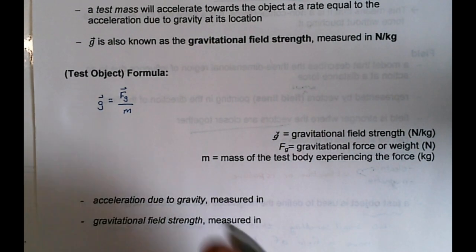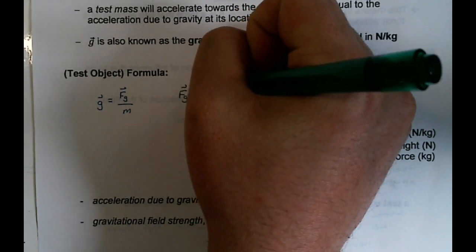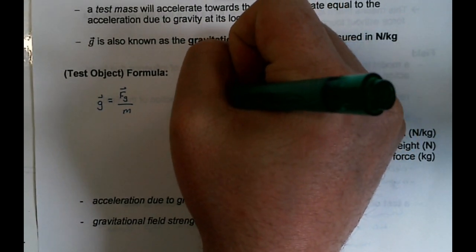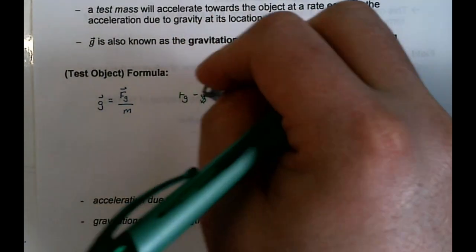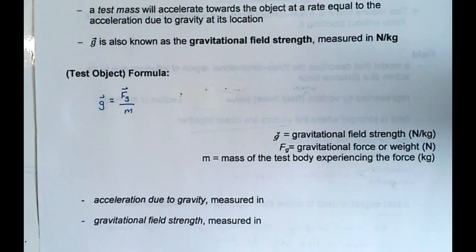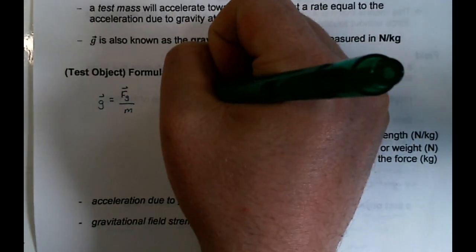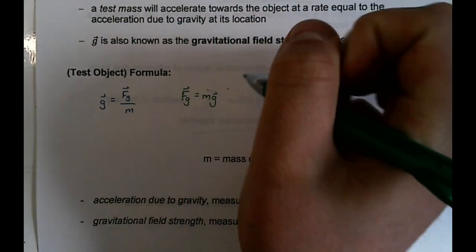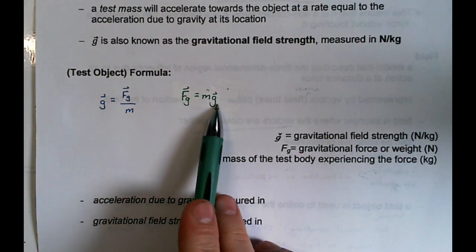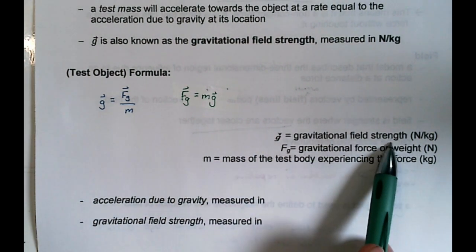We often write it as force due to gravity is equal to mass times acceleration due to gravity. But remember, this g now doesn't necessarily represent acceleration due to gravity. It represents the gravitational field strength.